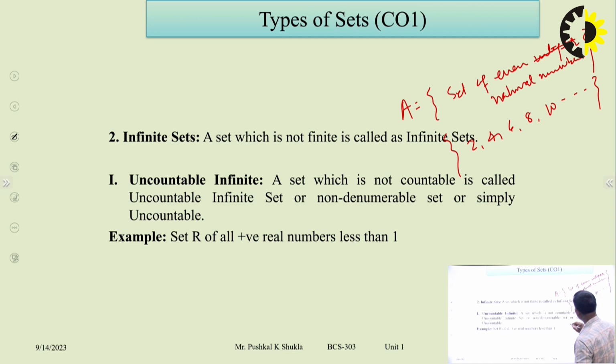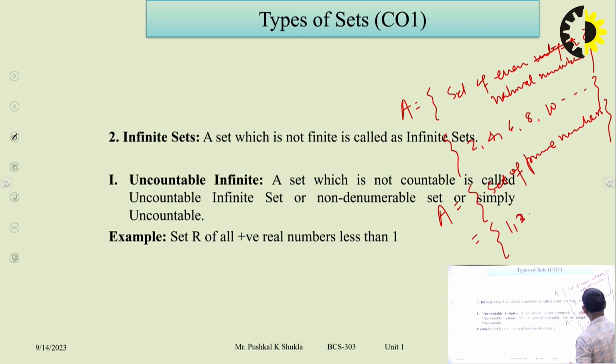The set of prime numbers, A equal to the set of prime numbers. It means 2, 3, 5, 7, 11 and so on.